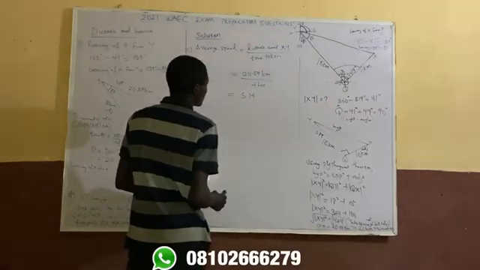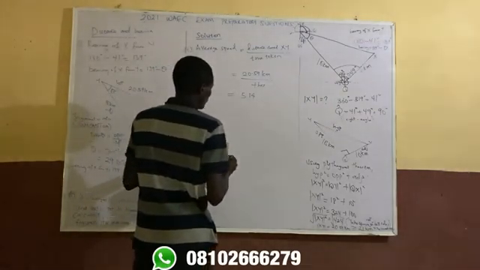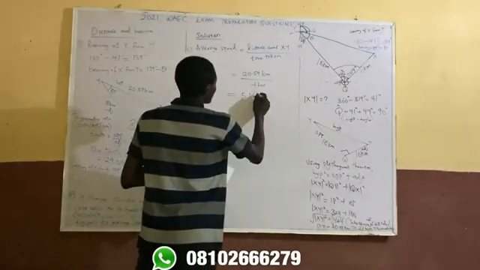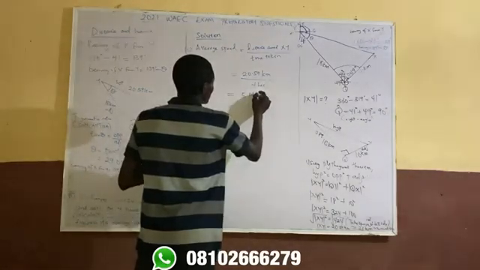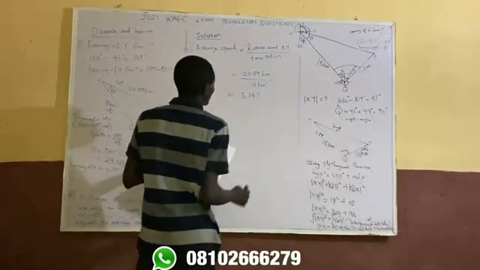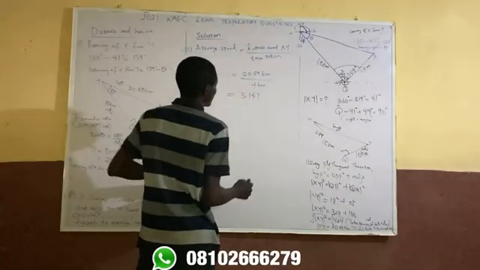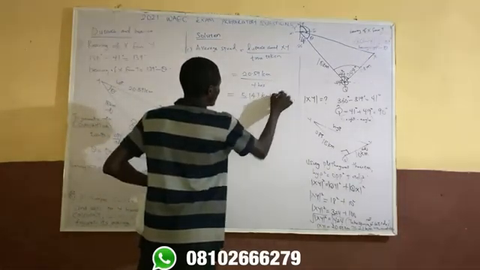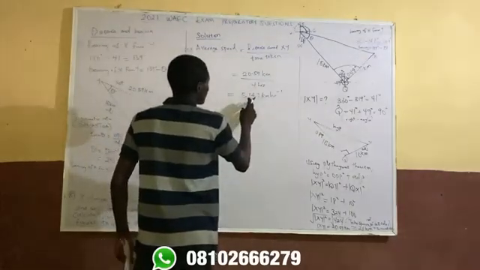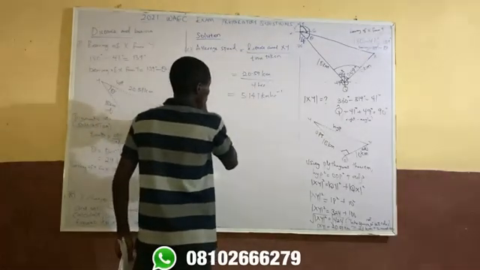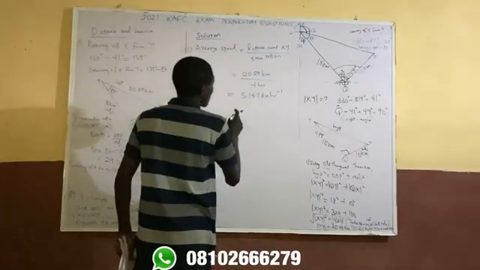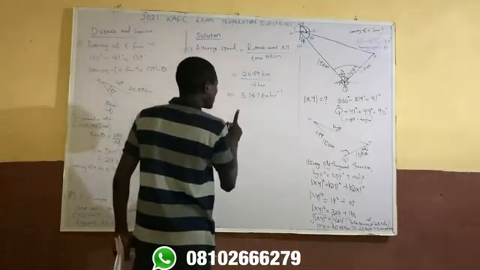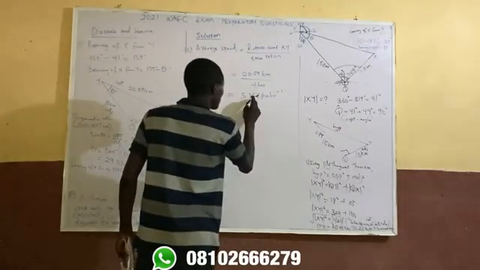So approximately to this significant figure, this one is 5.147 kilometers per hour. Use your calculator to get this. Now approximating to three significant figures, 1, 2, 3.